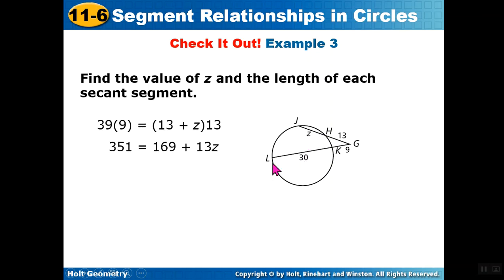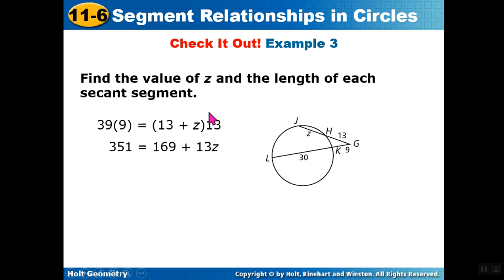We will say the whole secant segment, which is 30 and 9, it means 39, times the exterior part of this, which is 9. So the whole is 39 times the exterior part 9, equal to the whole secant segment, which is Z plus 13, times the exterior part, which is 13.